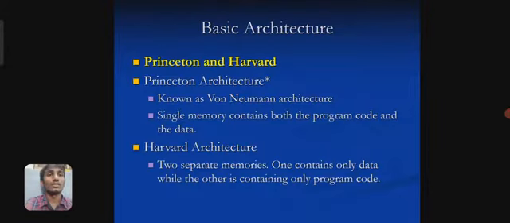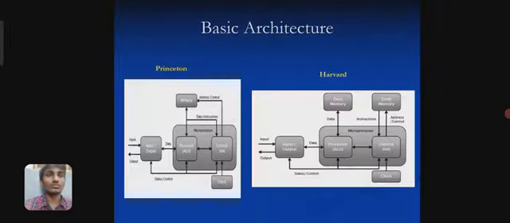So, basic architecture: the Princeton architecture, known as the Von Neumann architecture, has a single memory that contains both the program code and data. The Harvard architecture has two separate memories, one containing only data while the other contains only program code.